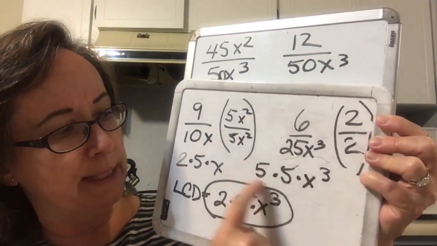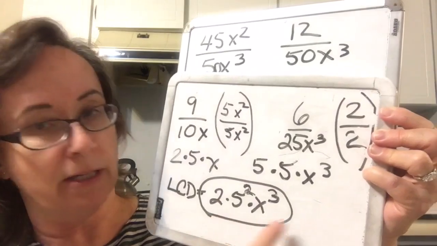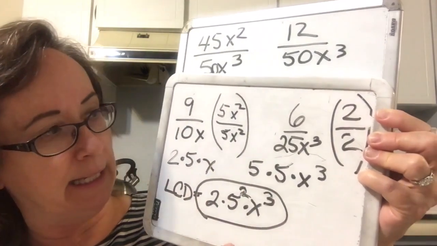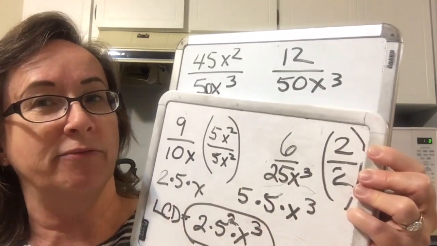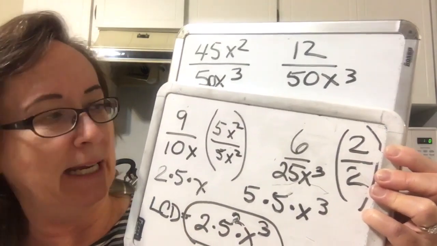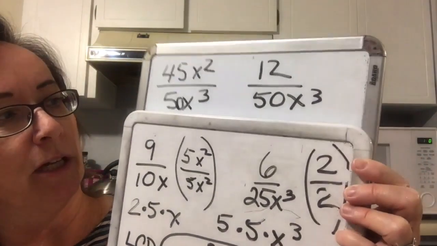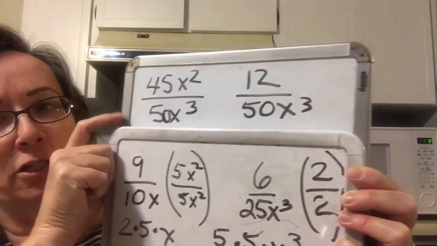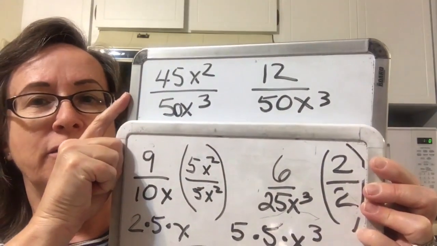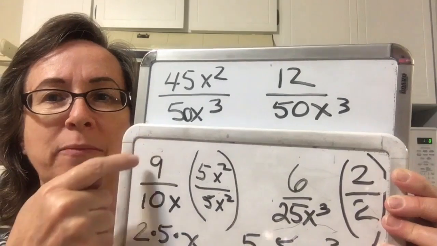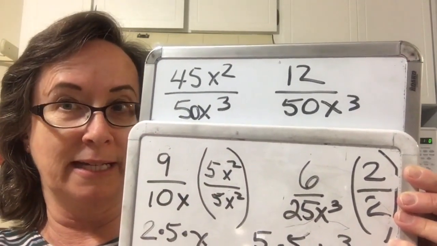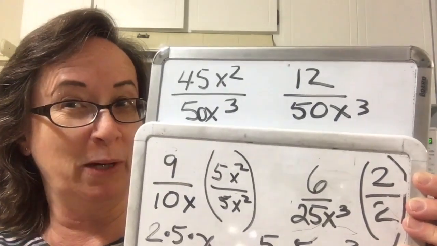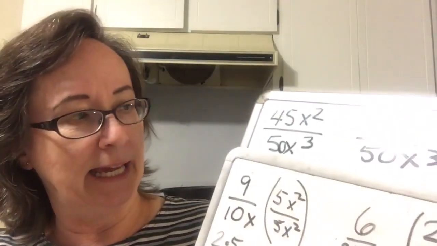Multiply by what's missing between its factors and the LCD. You're always multiplying by 1, so you never change anything. And then when you look at the new rational expressions up here, don't they mean the same thing as the original rational expressions? We're going to be working on that a lot in the time to come.